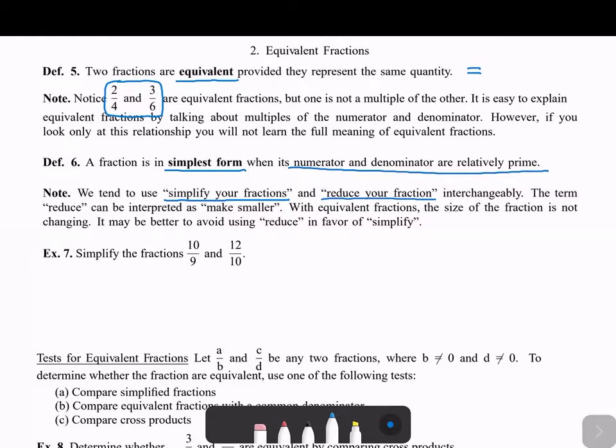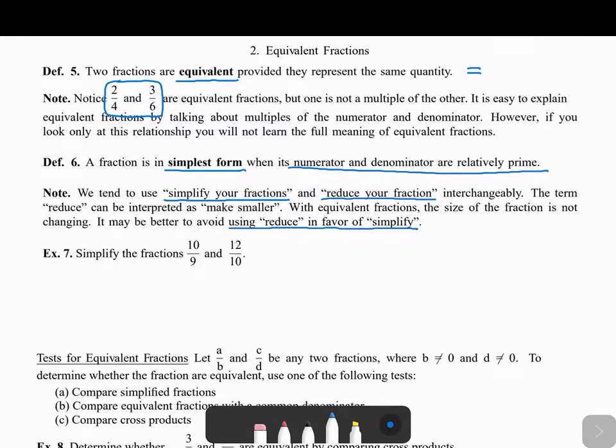So this may not be the best term to use. With equivalent fractions, everything's equal; we have this equality between the values, so the size of the fraction doesn't change. We may want to avoid using reduce in favor of simplify, so that it's more clear that the values are not changing.